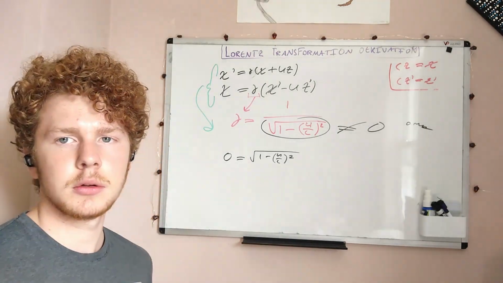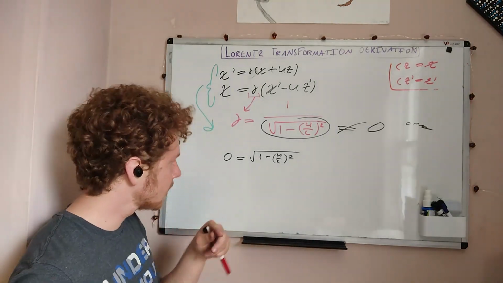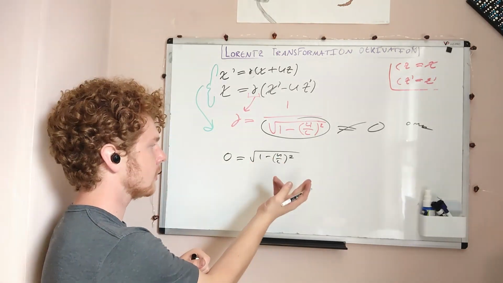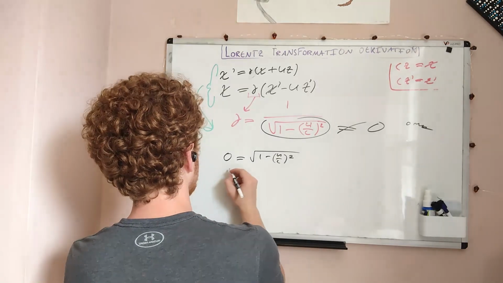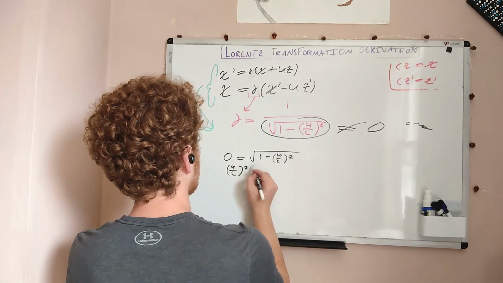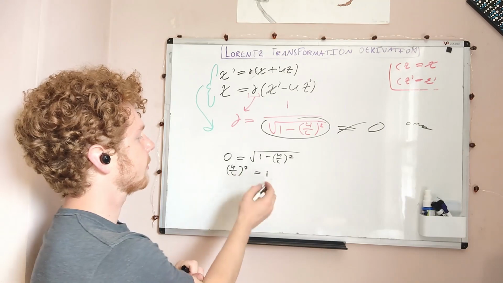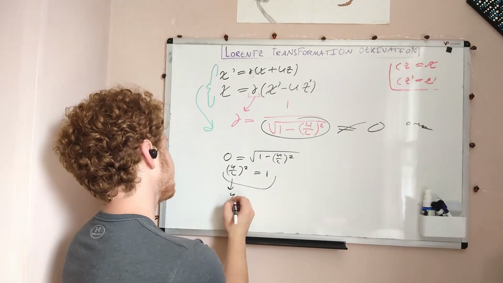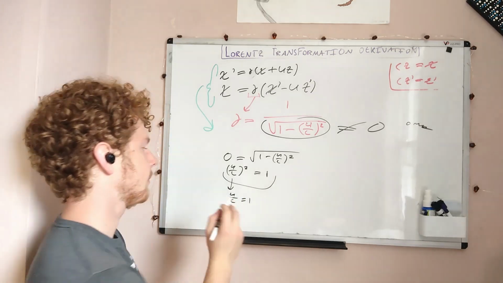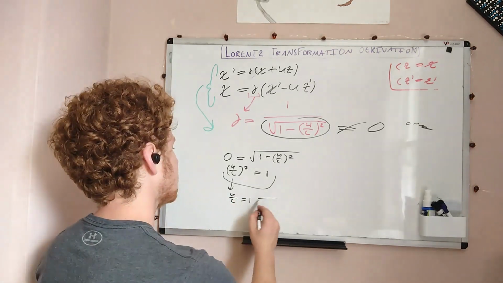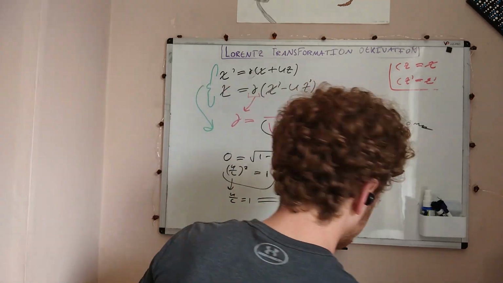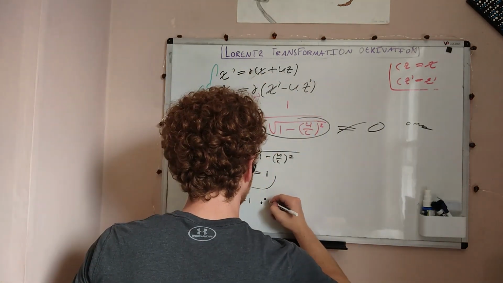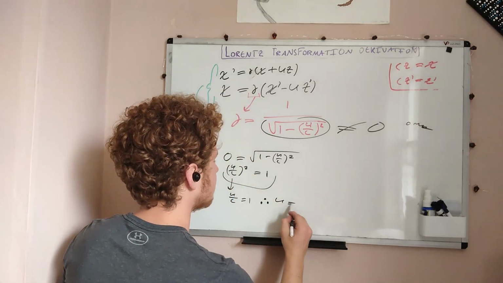We do know that c is not equal to zero, right? And for this to be zero, in order for this then to be equal to 1, this factor must be equal to 1, and in order for that to be true, u must be equal to c.